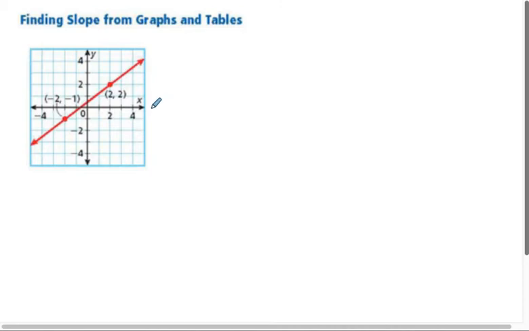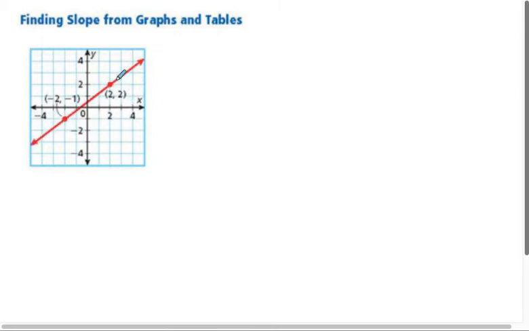So what do I mean by that? Sometimes on the x-axis, the graphs are going by 5s, and sometimes on the y-axis the graphs could go by 10s. So in that case, you will get confused as to how much it really rises by and how much it really runs by. So it's best to go with the 2 points you see here, okay?